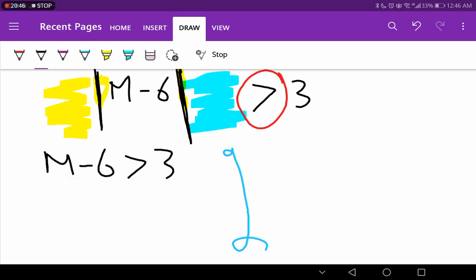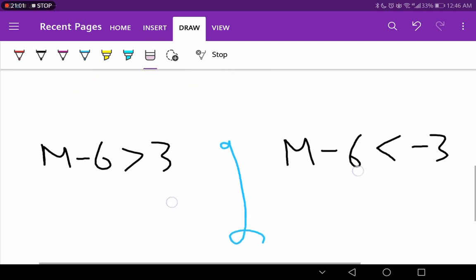And the second inequality we write by switching the inequality sign and giving negative to the number. Good. We don't need this one actually.